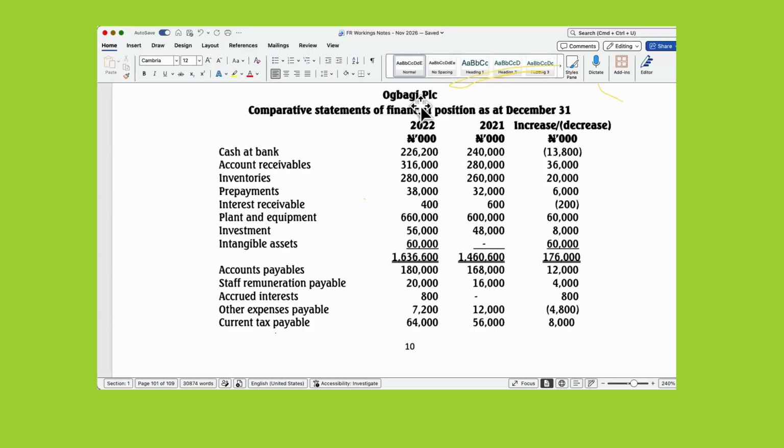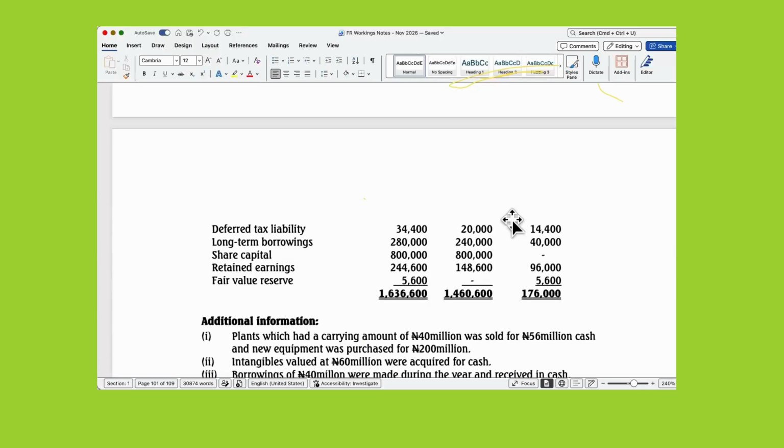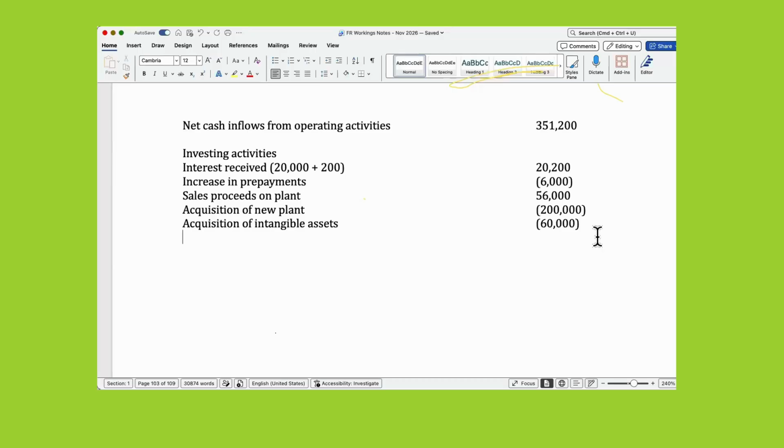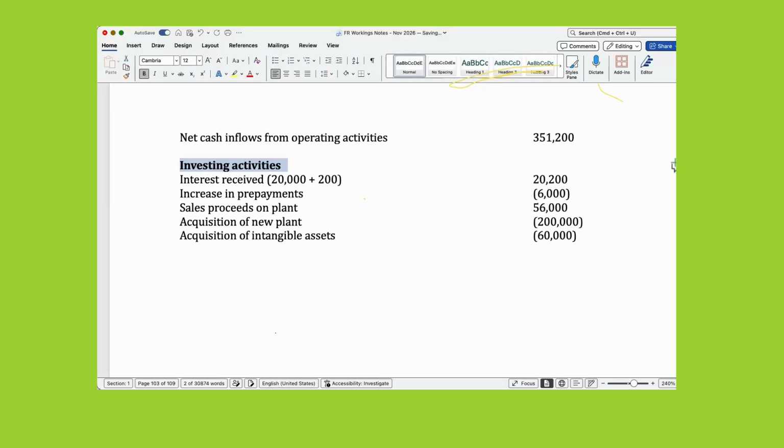So let's cumulate what we have now under investing. Let's cumulate all of this. That'll be net cash flows from investing activities. How much is that?